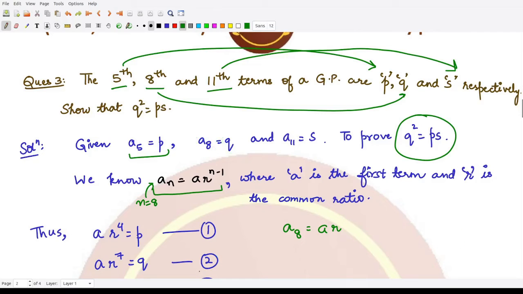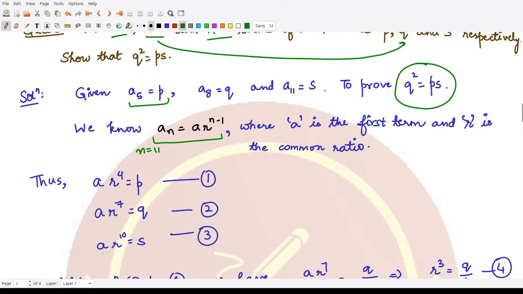In a similar manner, when you substitute n is equal to 11, you would have A11 is equal to A R raised to power 11 minus 1, which is A R raised to power 10. A11 is given to be S. So S is equal to A R raised to power 10. This is your equation 3.